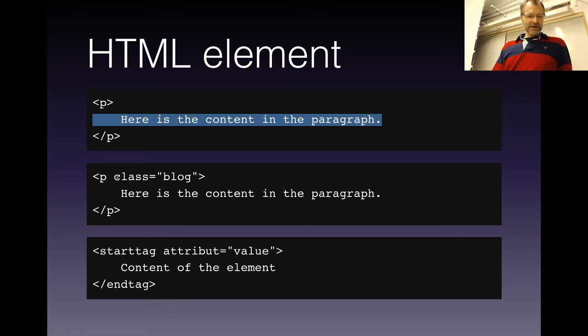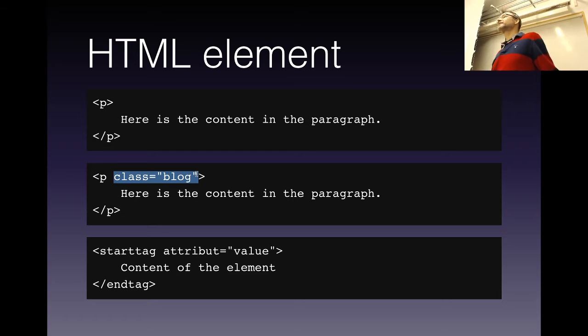And we can add attributes to this HTML element and add values to those attributes, and it's a long list of attributes that we can put into these elements. And this is one of the most common. It's saying that let's style this paragraph according to this CSS class, and the CSS class is called blog. So let's assume that this paragraph is going to be styled as a blog. So it's the basic setup of all HTML elements.